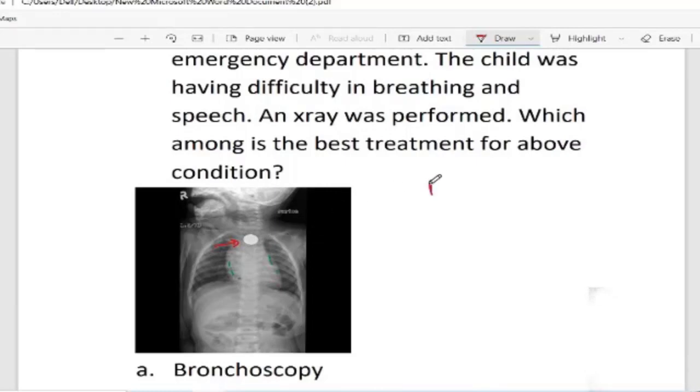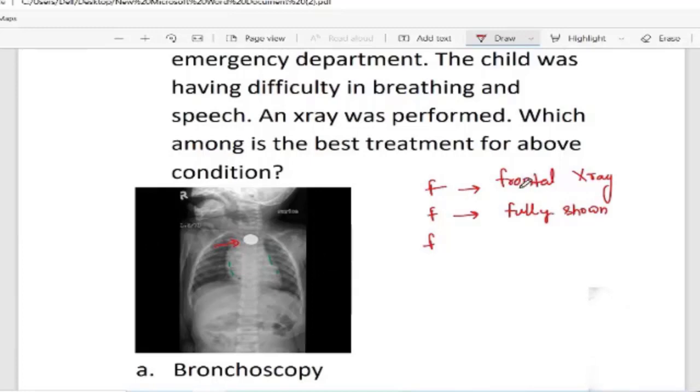So in these types of cases, we remember a trick: FFF. F stands for whenever there is a frontal X-ray, from the front view, and the image of the coin, whatever it is, is fully shown. Here you can see the complete circle or coin is visible.